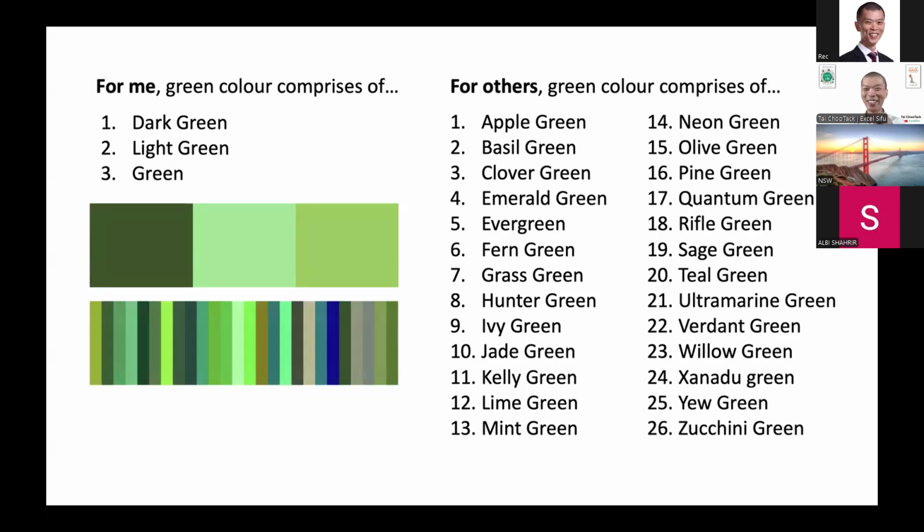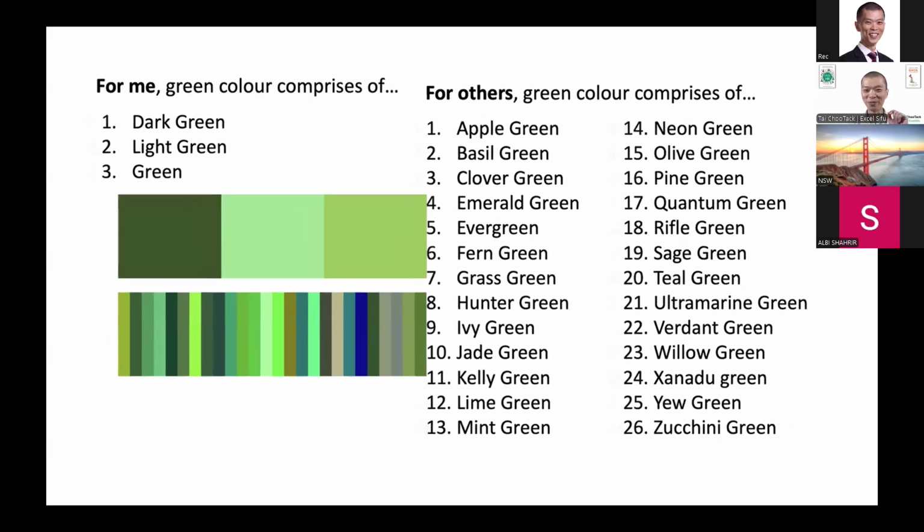You may notice some different names, different greens for the different colors here. For example, matcha green is not here. If these two people are talking to each other, they are going to have a good fight. Hey, which green are you talking about? So that is just talking about green. Understanding of green is different.